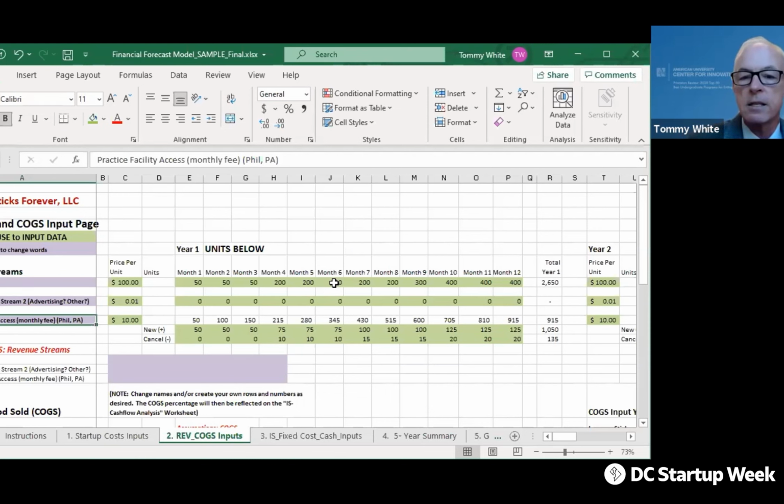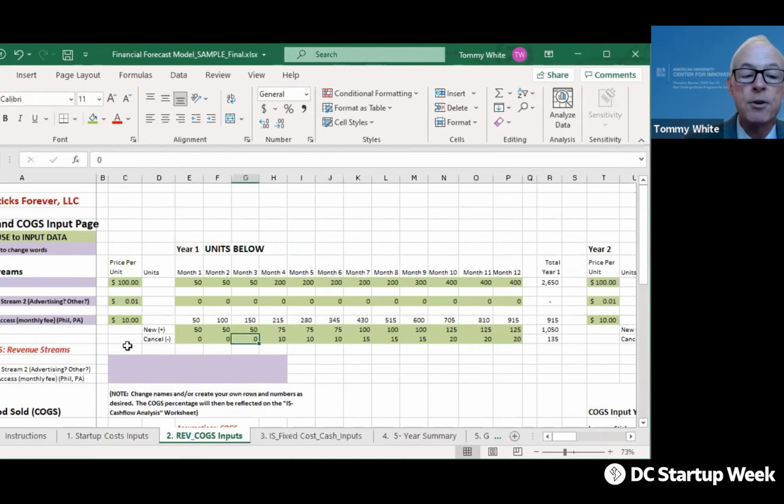There's nets on there. There's boards to hit and throw against. It's a facility that people can use. And I'm going to charge a subscription fee of $10 a month to use this facility. And here's my new subscribers each month: 50, 50, 50, 75, 75, 75, 100, 100, and 100.